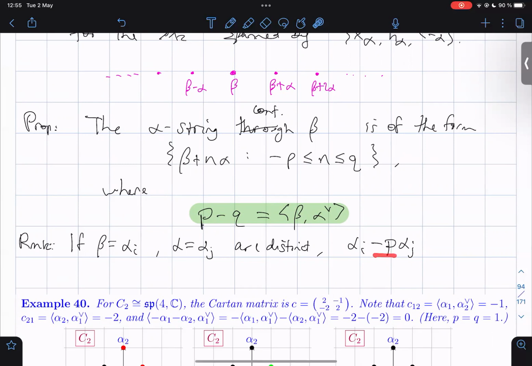So it's mixed if p is not 0, and that's a problem. So this is never going to be a root except when p is equal to 0. So p is not in the game here, and in this case, for simple roots, we get a simpler formula.